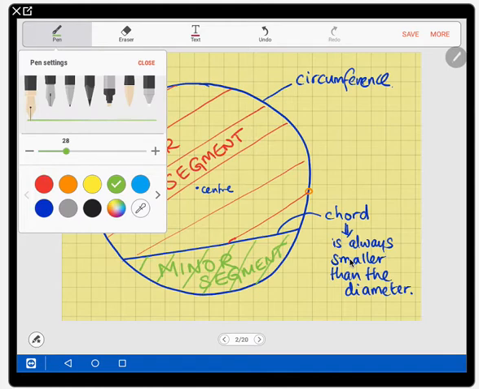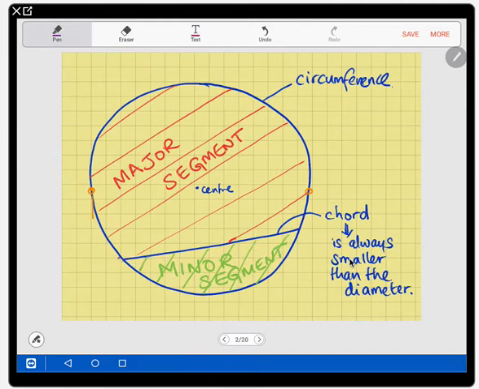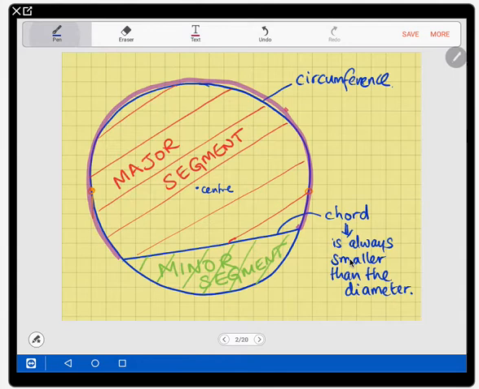Now I will highlight. See this part of the circle here? That part of the circle along the circumference, that one we call an arc. That one we call the major arc.